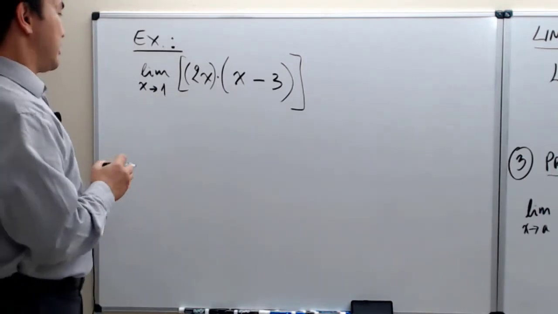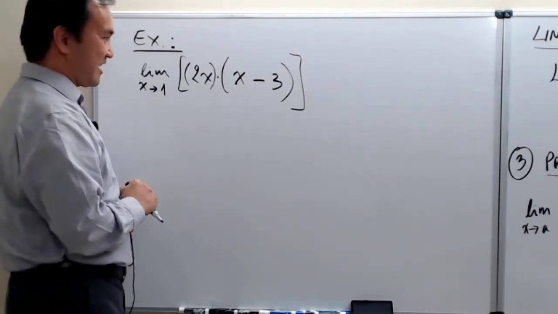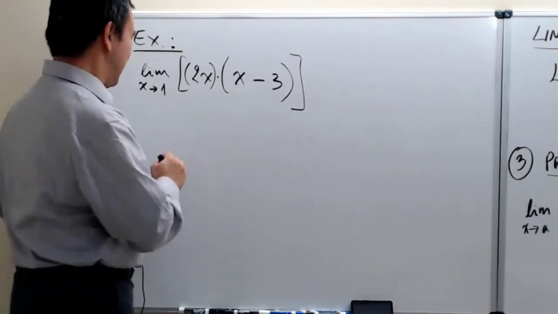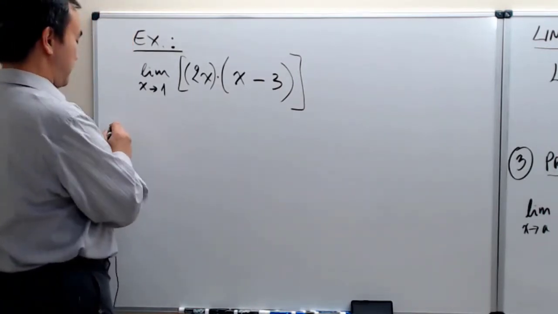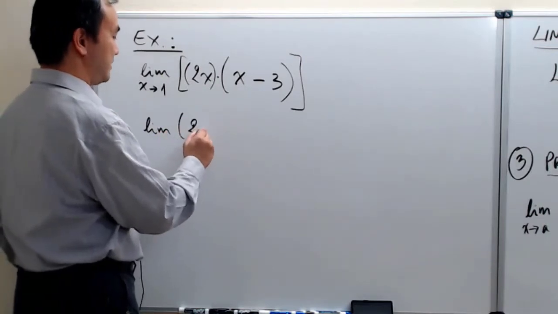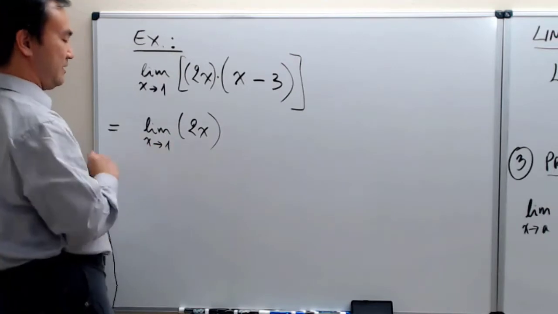And so the product rule now, I mean I just said it again, even though I'm trying my best to avoid that name, but here the product of limits law allows me to first only worry about finding separately the limit of 2x, as x gets close to 1.